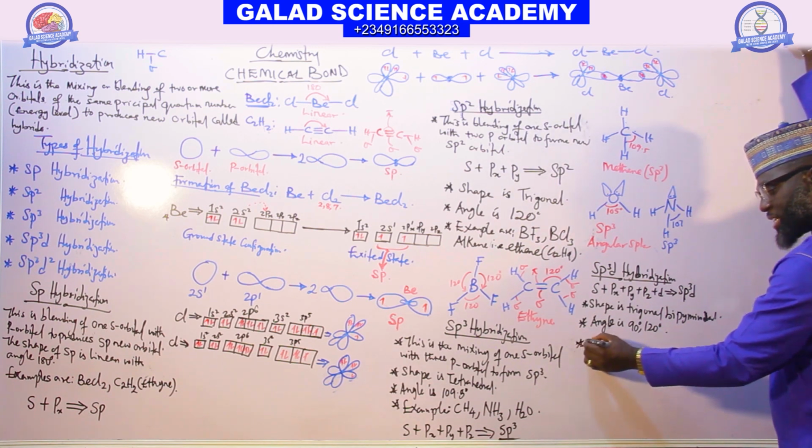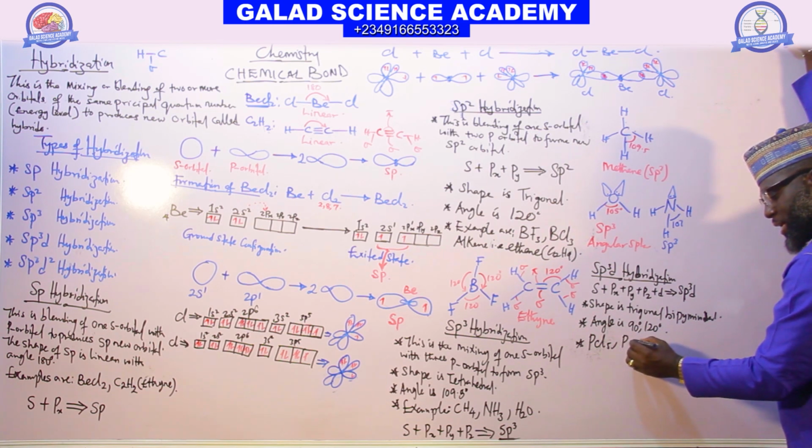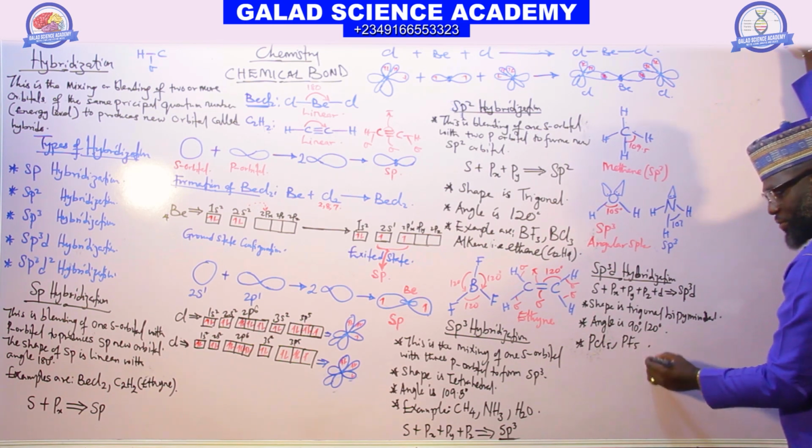This kind of hybridization can be found in PCl5 and PF5.